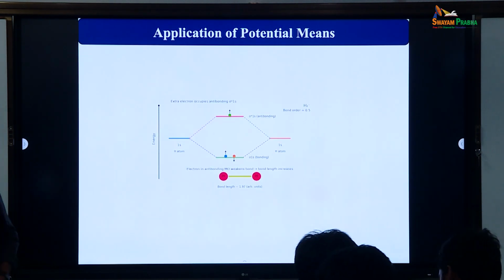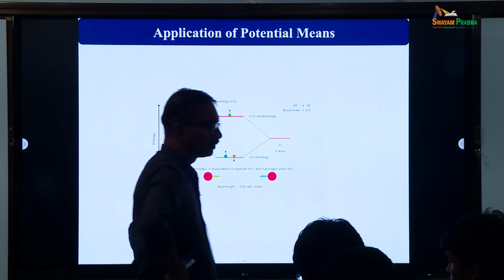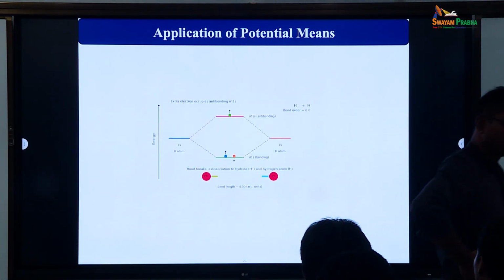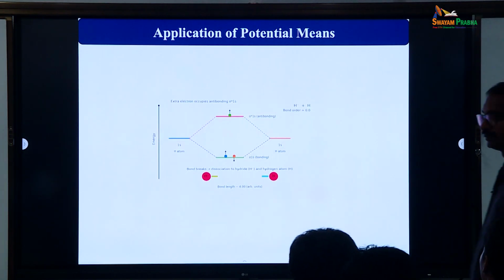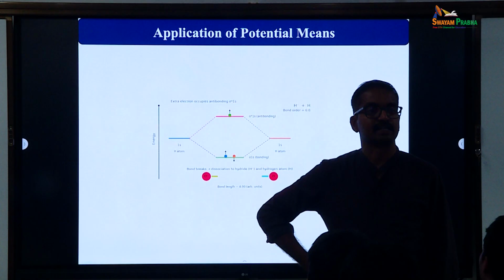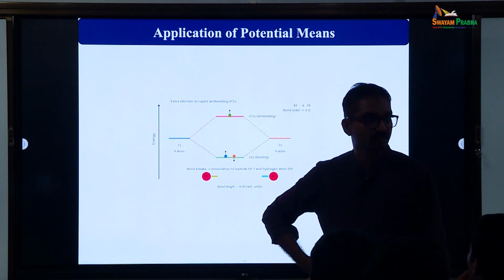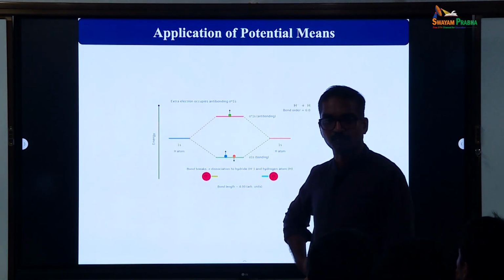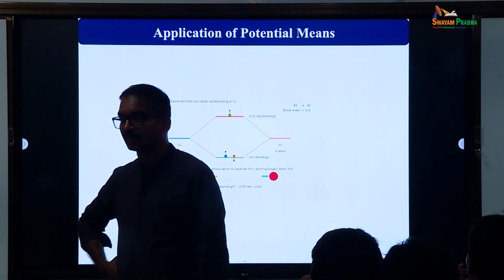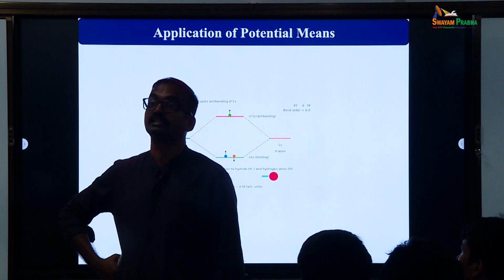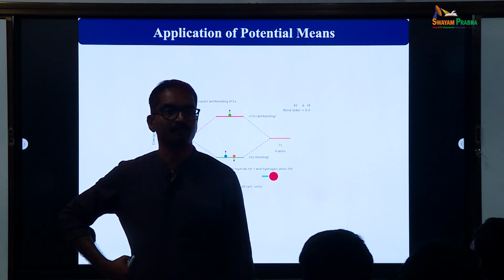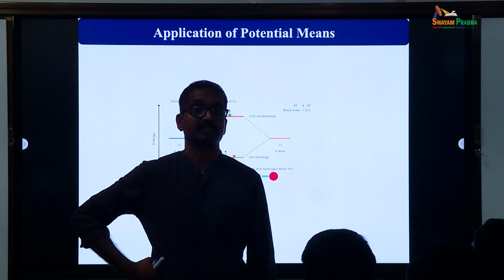Very simple. Let's take the example of the hydrogen molecule. What happens? You have 2 electrons in the bonding orbital. Now if I add one electron, where will it go? Anti-bonding. What is the bond order now? 0.5.